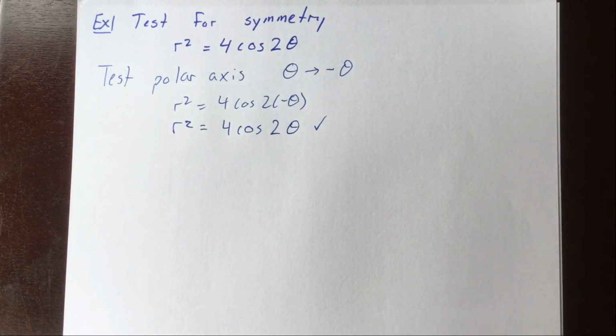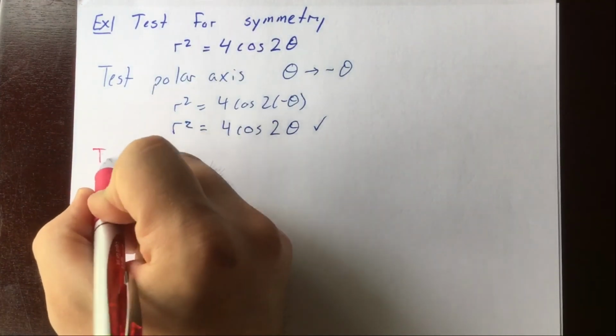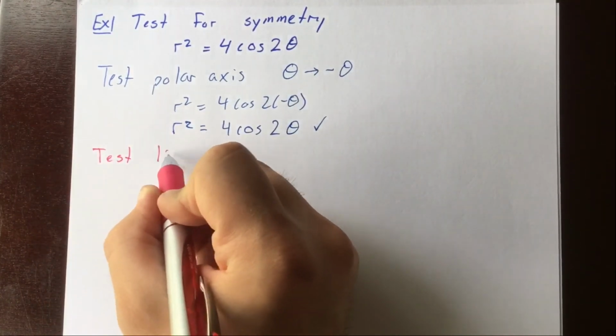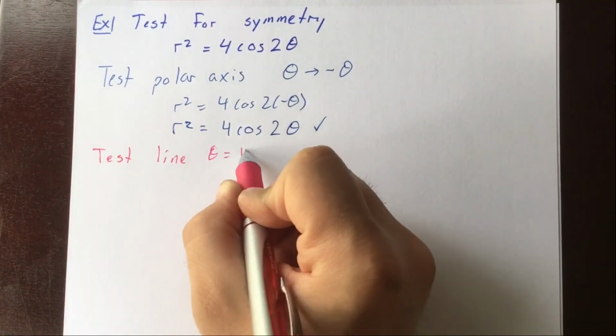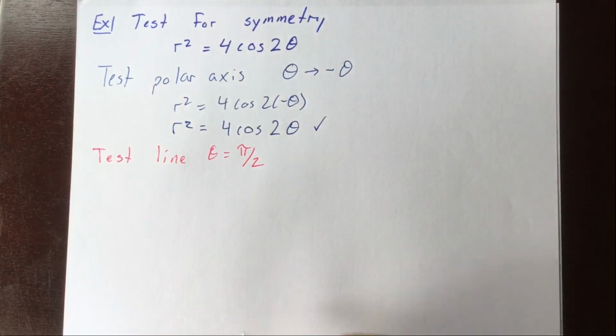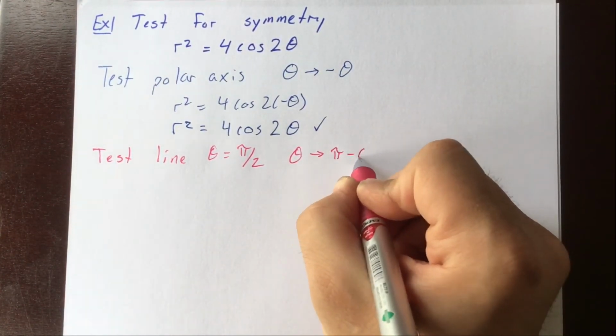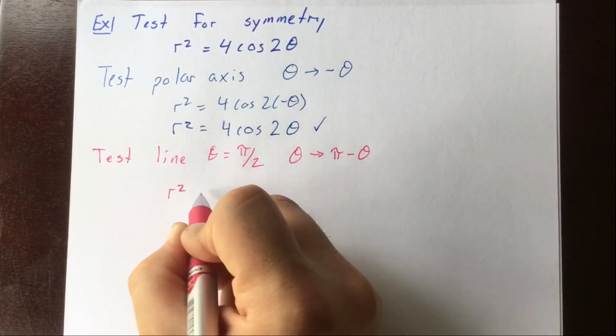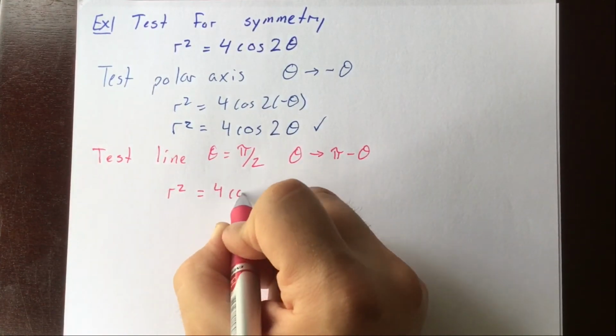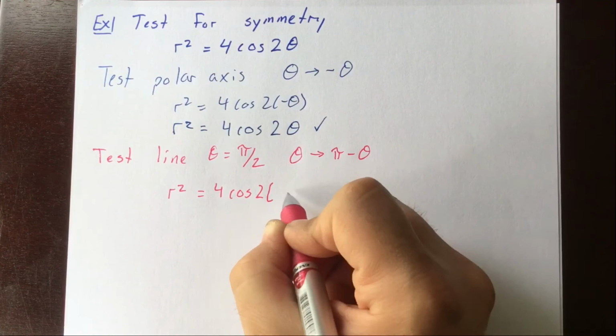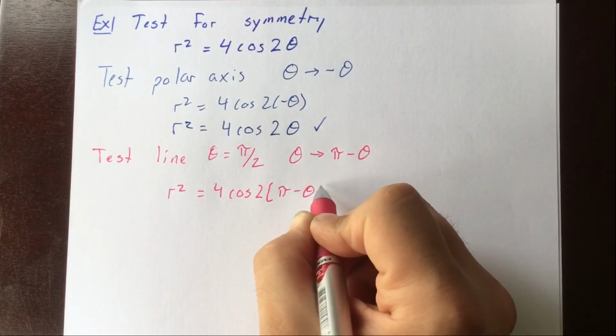Let's test now the line theta equals pi over 2. Okay, so that's where we take theta and replace it with pi minus theta. So that's r squared equals 4 cosine of 2 times pi minus theta.